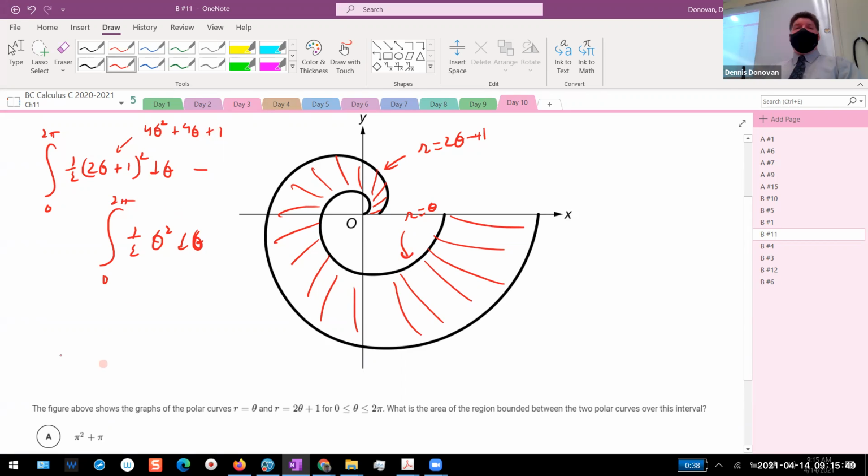So we get 1/2 times 4 theta cubed over 3 plus 4 theta squared over 2, so that's 2 theta squared plus theta. We're running that between 0 and 2 pi. And then this is gonna be theta cubed over 6, between 0 and 2 pi.